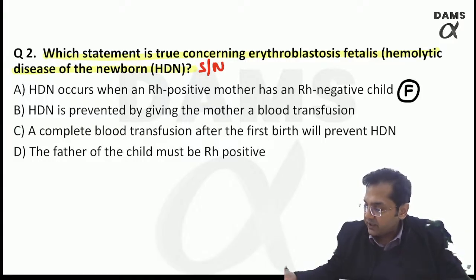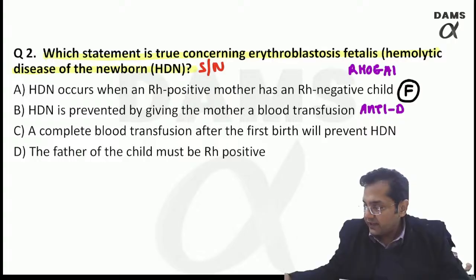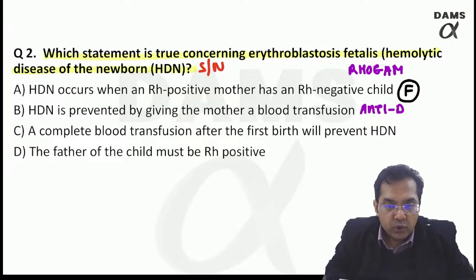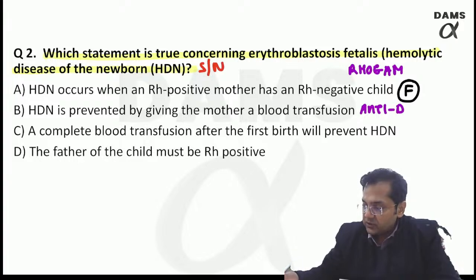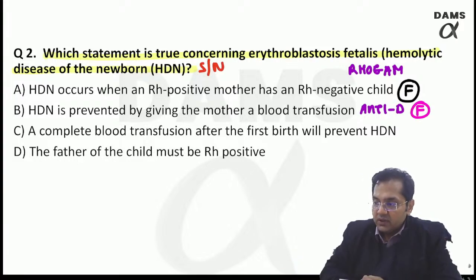I give her something known as anti-D, also known as RhoGAM. It is given to such mothers to prevent sensitization of the mother from previous exposure to Rh positive antigens. So we are not giving a blood transfusion, but we are giving anti-D. So this is also false.